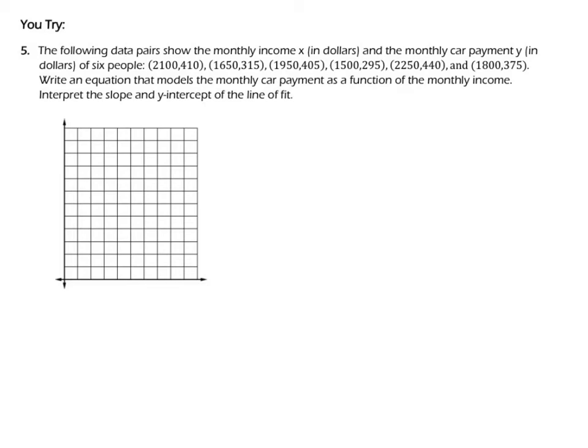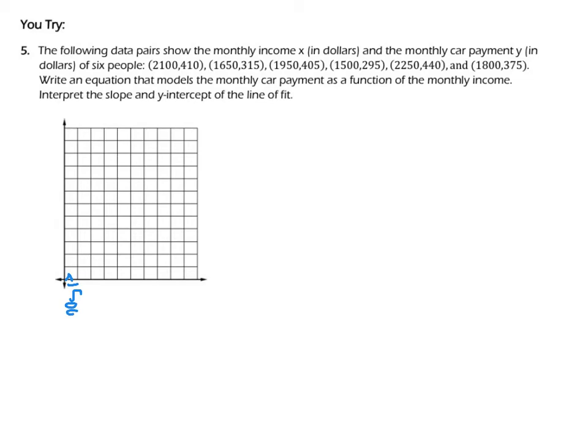So if we look at the you try in number 5, hopefully you tried this. What I did is I decided to make a break in my graph, so I didn't have to start at 0. And then I started at 1,500 and I went by 100s.